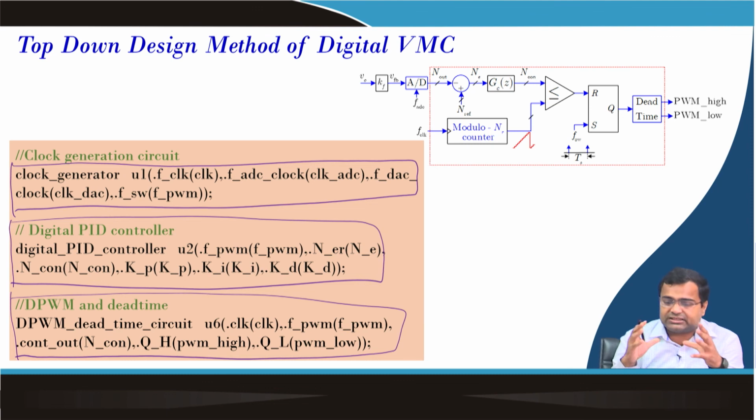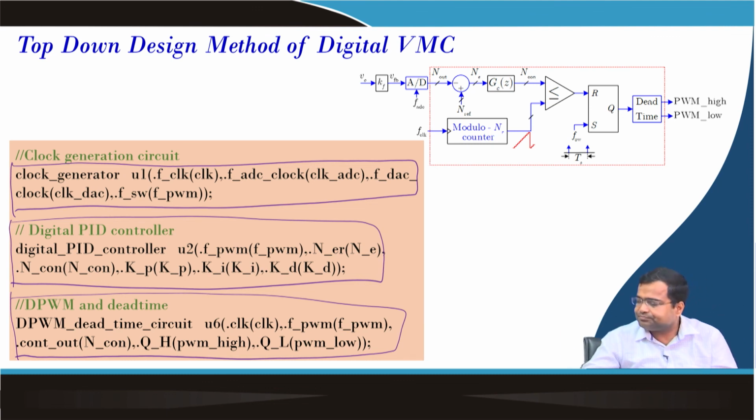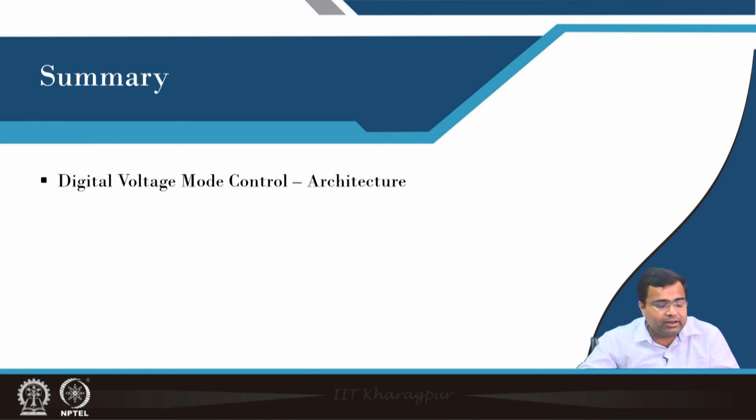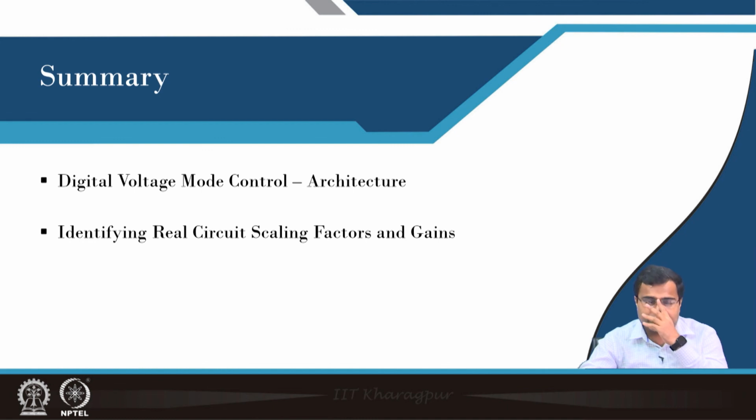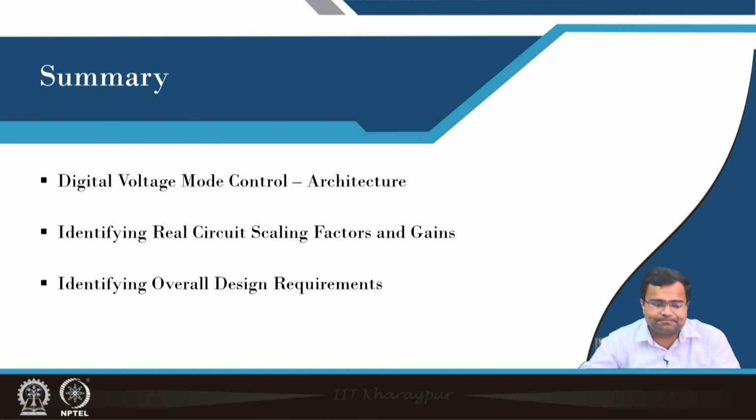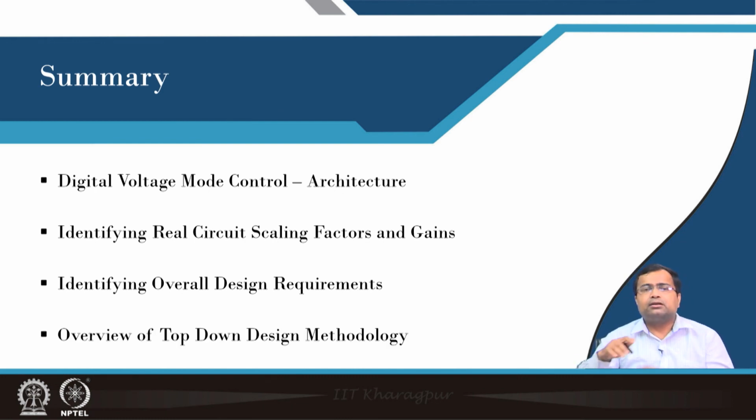So, these are the 3 sub modules, and on top of that there is a main module. In summary, we have discussed the digital voltage mode control architecture, we tried to identify the real scaling factors and gains, then we talked about the overall design requirements, and just an overview of the top down design methodology.